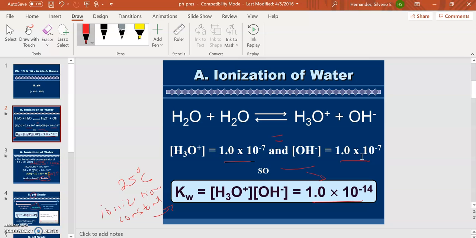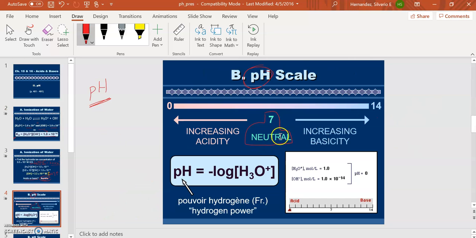They're equal to one another. So that gives me neutrality, that value of 7. So both the hydronium ion and the hydroxide ion are at a value of 10 to the negative 7, so they're equal to one another, and that's where the neutral point falls on the scale.